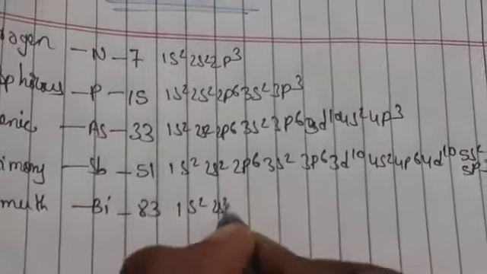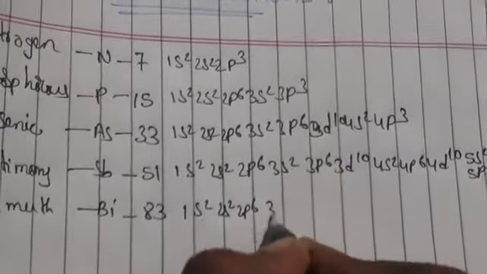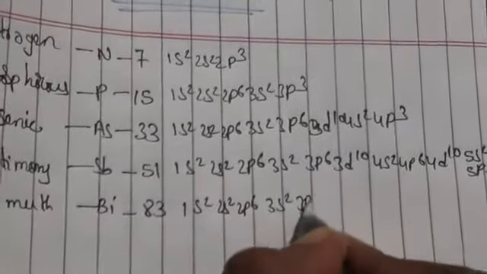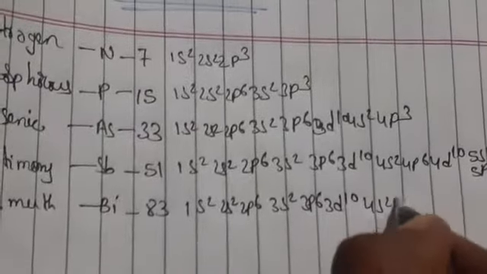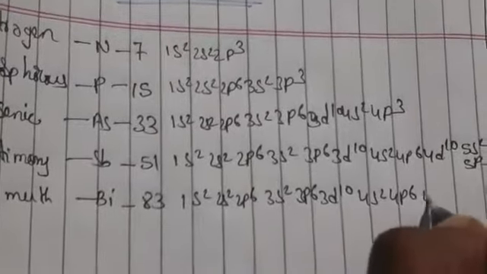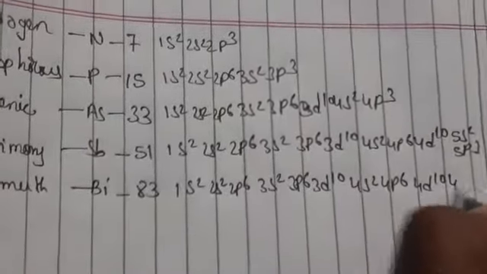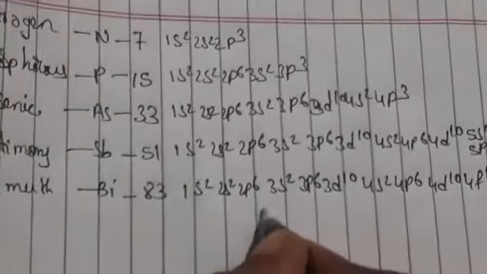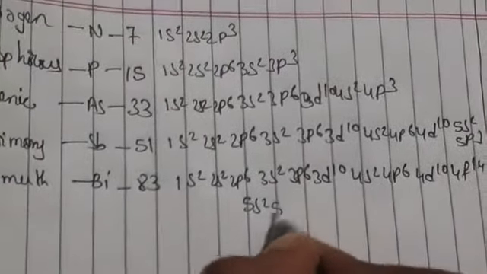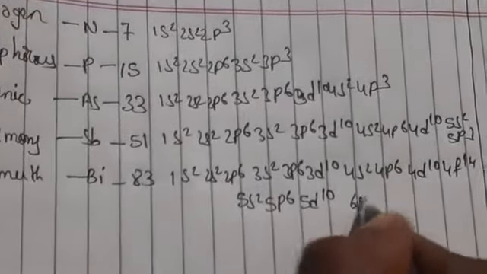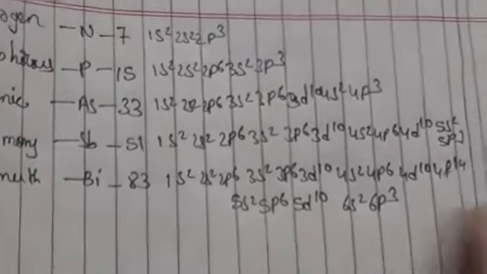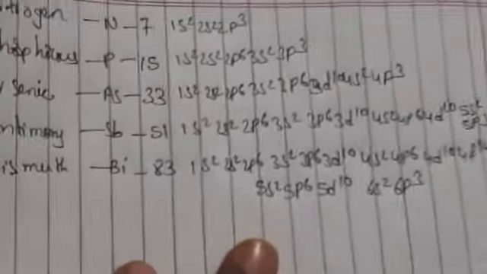Then 1s2, 2s2, 2p6, 3s2, 3p6, 3d10, 4s2, 4p6, 4d10, 4f14, 5s2, 5p6, 5d10, 6s2, 6p3. So this is the electronic configuration of these elements.